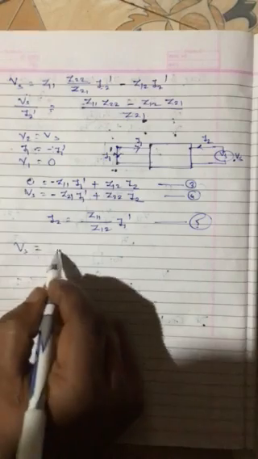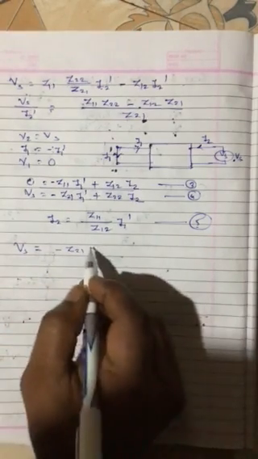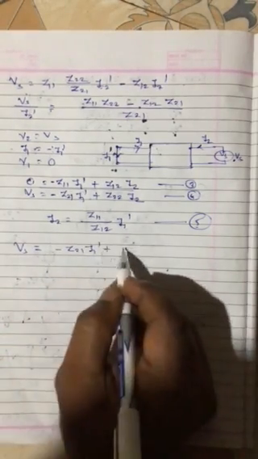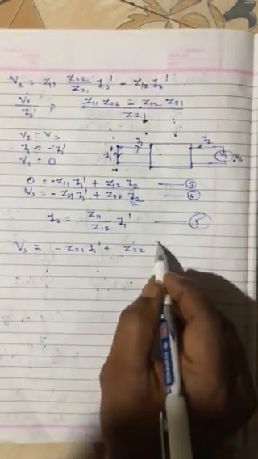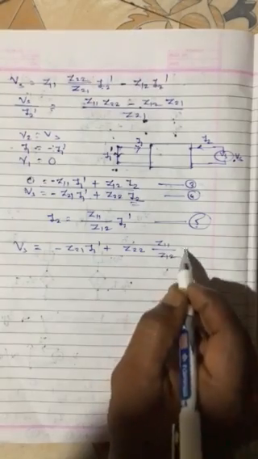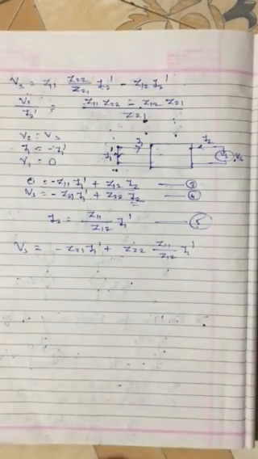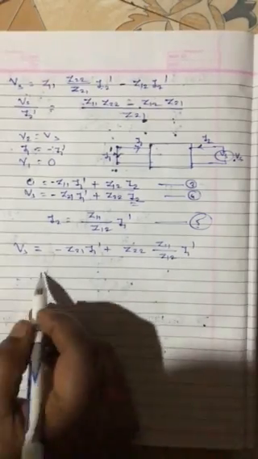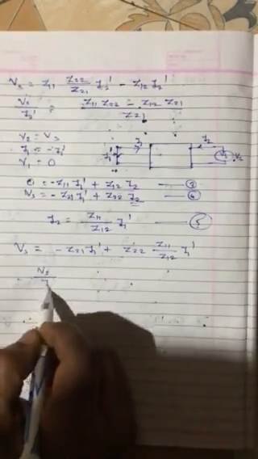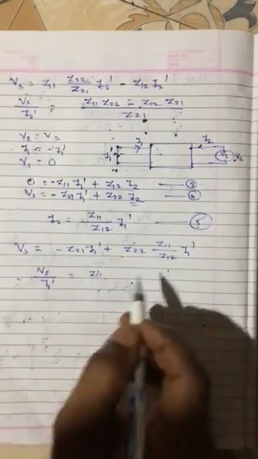Vs equals minus Z21 I1 dash plus Z22, and I will replace I2 with this equation. So it is Z11 upon Z12 I1 dash. Okay, so again, if I take I1 dash common and move it to the left hand side, then Vs upon I1 dash equals Z11.